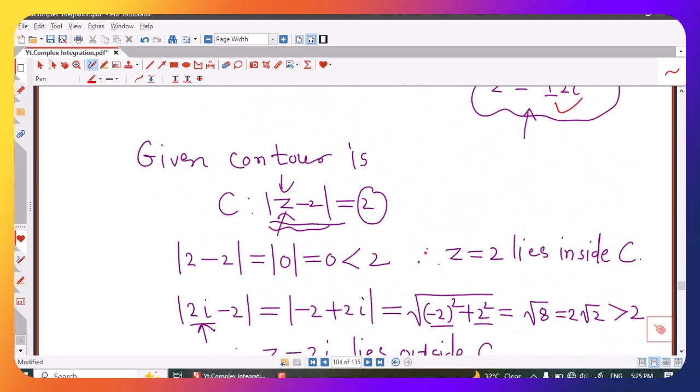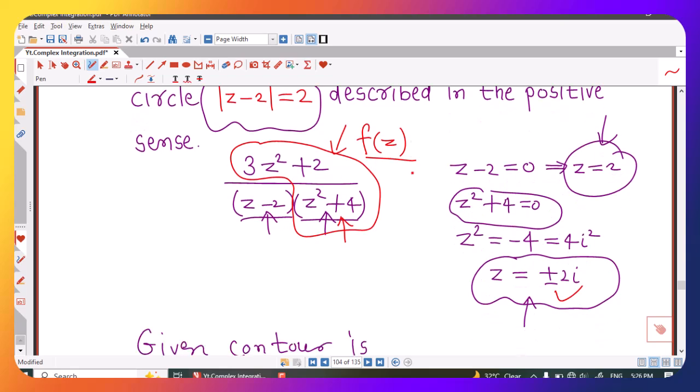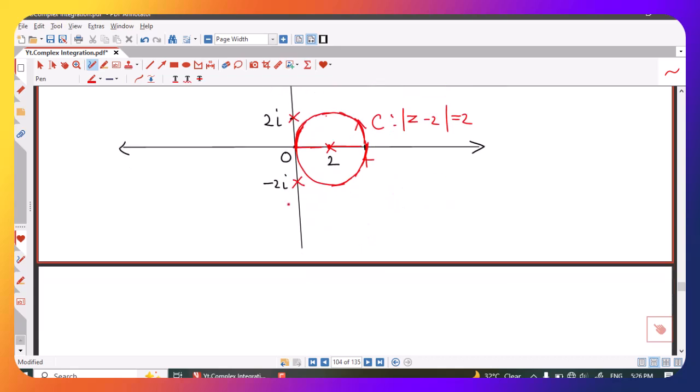So this f of z becomes analytic everywhere inside and on given simple closed contour C, and z equal to 2 is interior to this contour C.